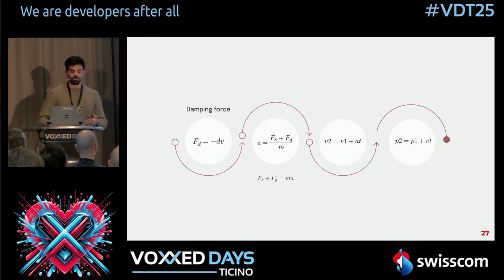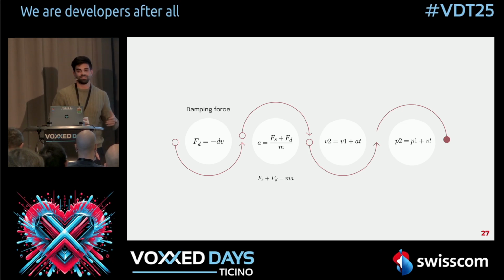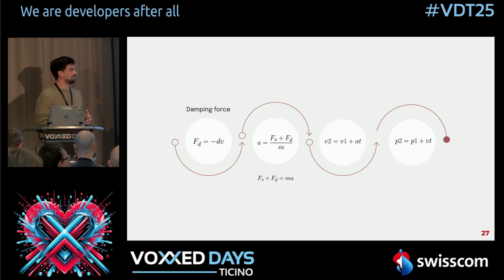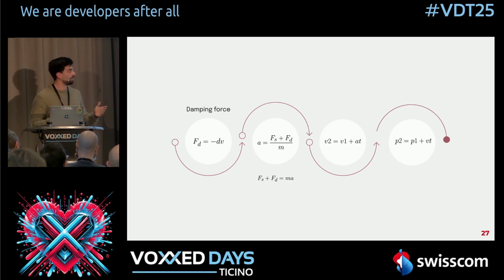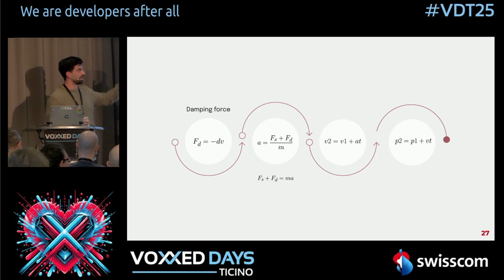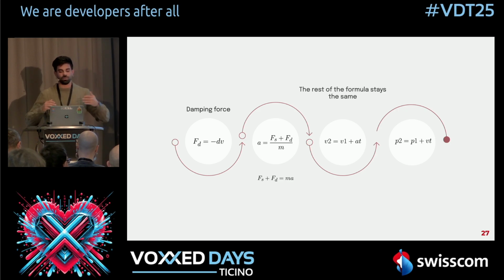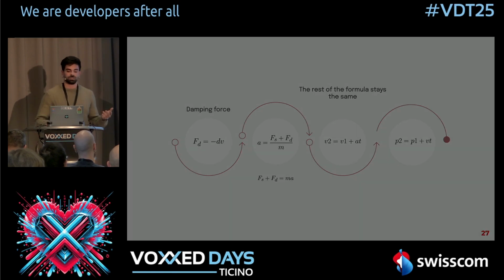This time, we apply the same logic as before, but we don't have a single force, we have a sum of forces. But it's actually equal to the same formula as before, mass multiplied by acceleration. So just by substituting that, we take out the acceleration, and then we leave the rest of the formula the same. What does the code implementation look like?